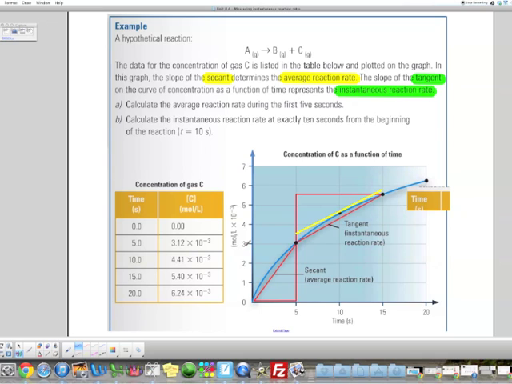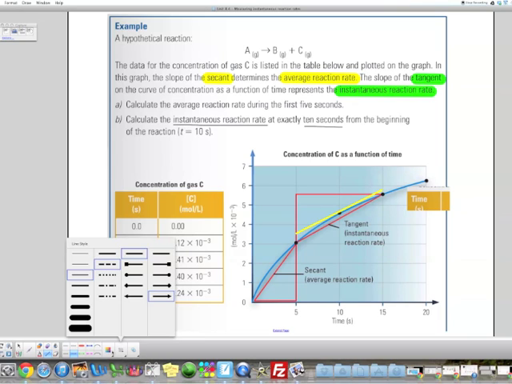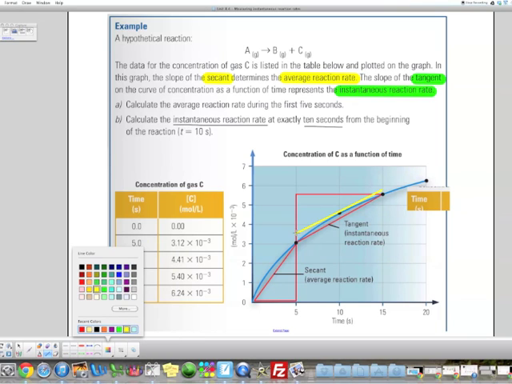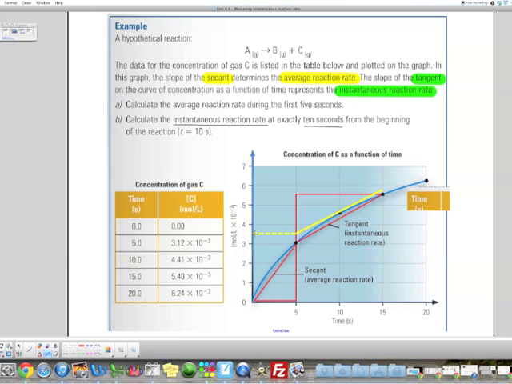What is a touch more complicated is when we want to calculate the instantaneous reaction rate, like here, at 10 seconds. What we need to do here, they made a mistake, they drew a secant. I redrew the tangent in yellow. Now what you want to do once you drew your tangent in yellow is the following. Okay, I want to know what is the concentration at this point and this point.